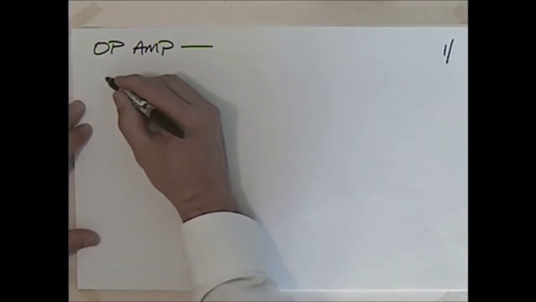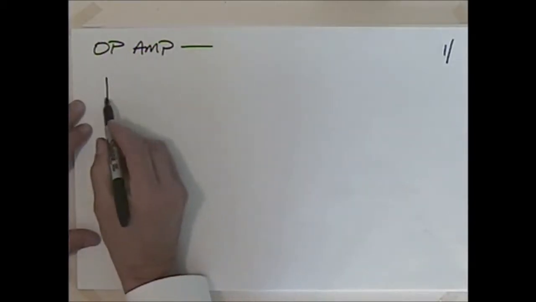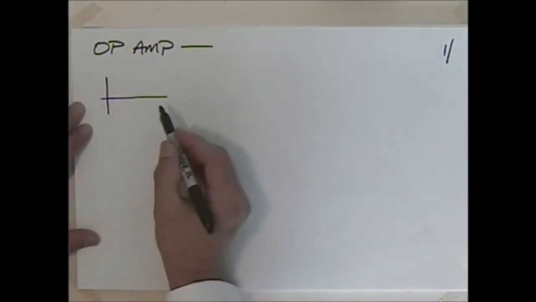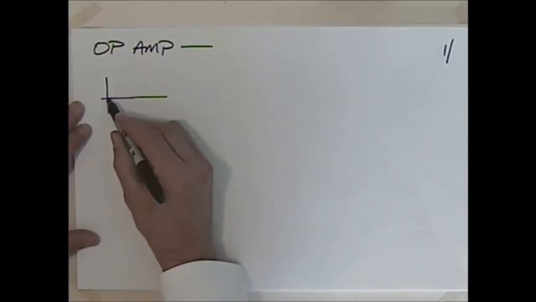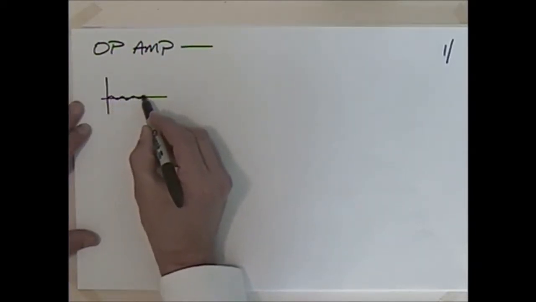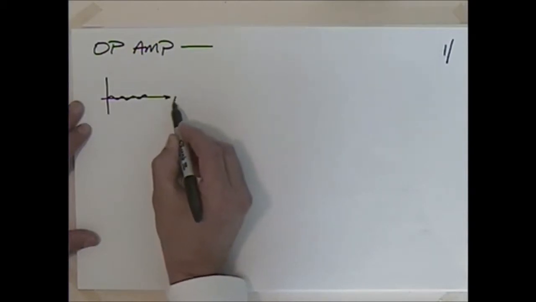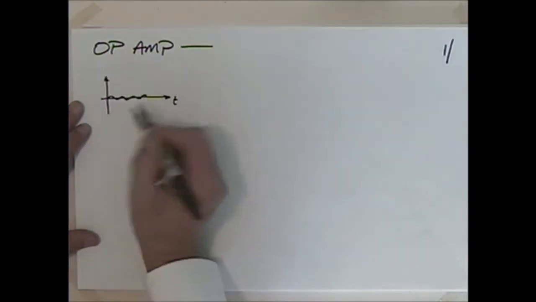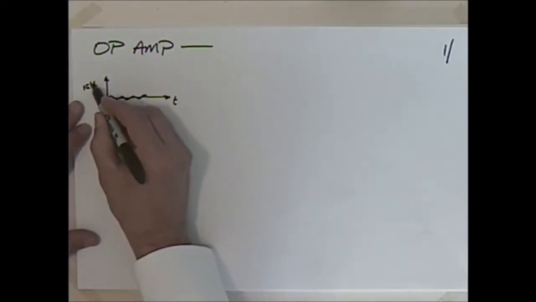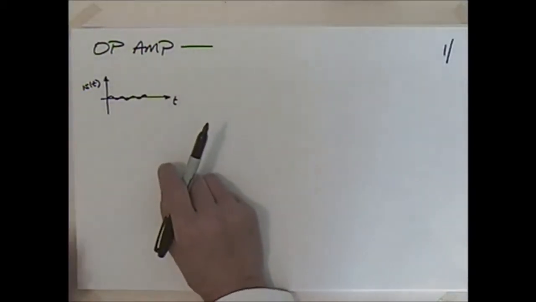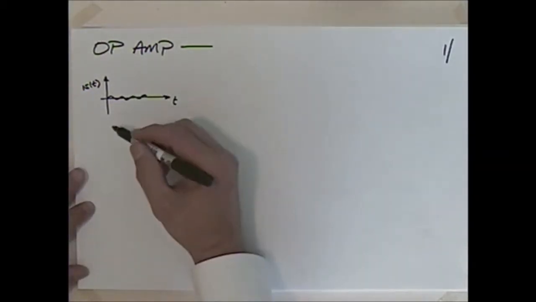Let's say that we have a laboratory experiment and we're gathering some data, and the results come back like this, a very small anemic signal. So maybe this is over time, and this is some output. Maybe we'd have some voltage output, and we have a hard time reading that, recording that, or doing anything to that.